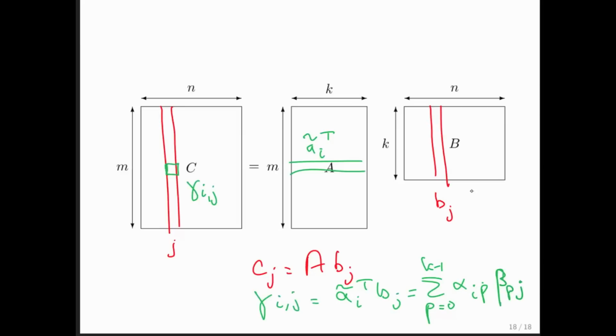It's important to keep this picture in mind every time you try to do a matrix-matrix multiplication. We'll see this over and over and over again as the course progresses.